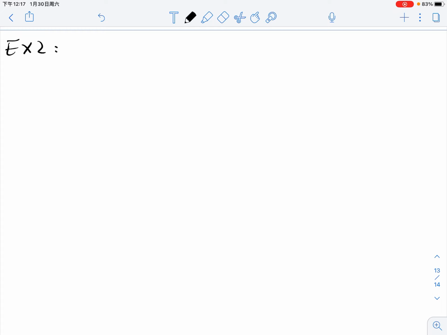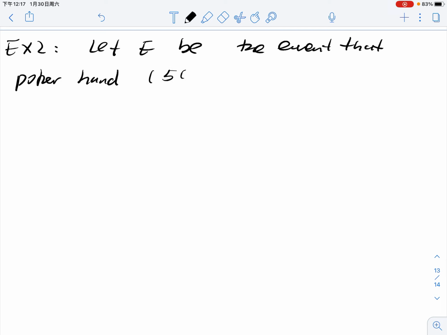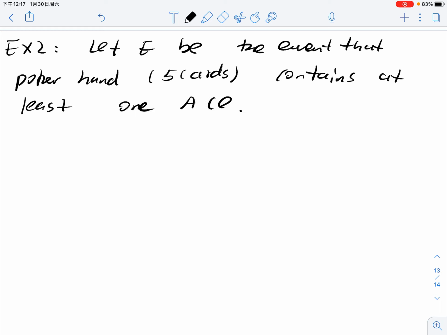Okay, and a similar problem. So let E be the event that a poker hand, that means 5 cards, contains at least 1 ace. Then to compute it, we use the complement principle. Suppose we take the complement of the event.